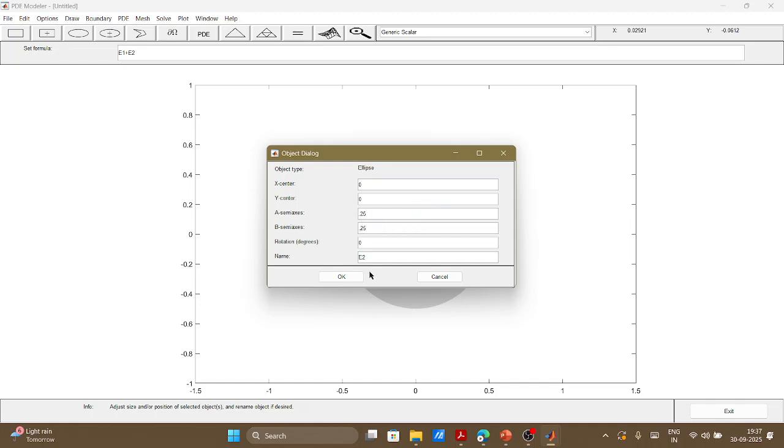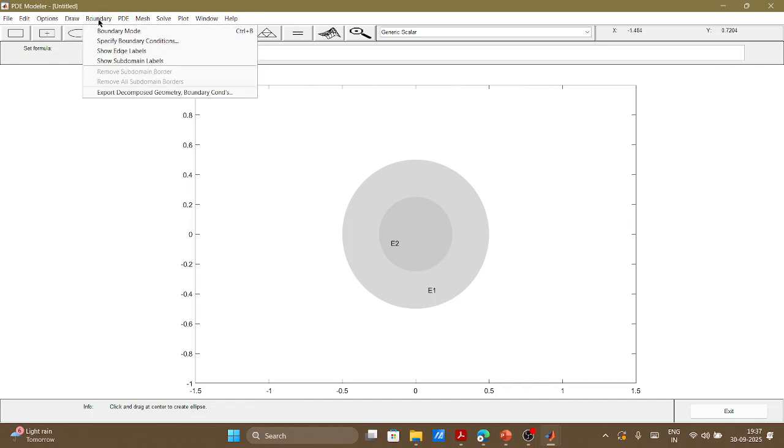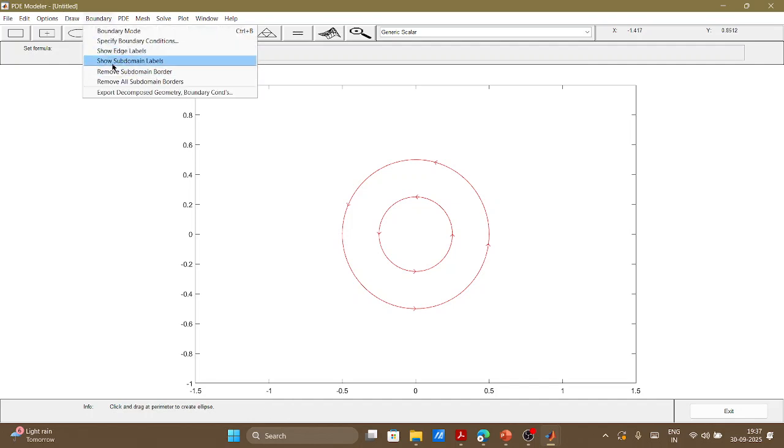Okay, my system will be E1 minus E2. Go to the boundary mode. Yeah, here, yes, boundary and the show edge label.